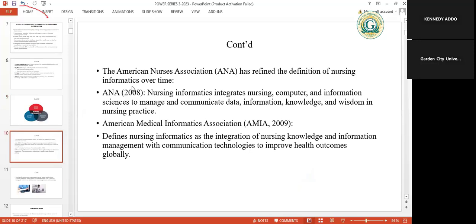Now, the American Nurses Association has refined the definitions of nursing informatics over time. When we talk about this refinement, we mean that there have been contributions by some scholars. For instance, Patricia Benner also contributed to the field of informatics.